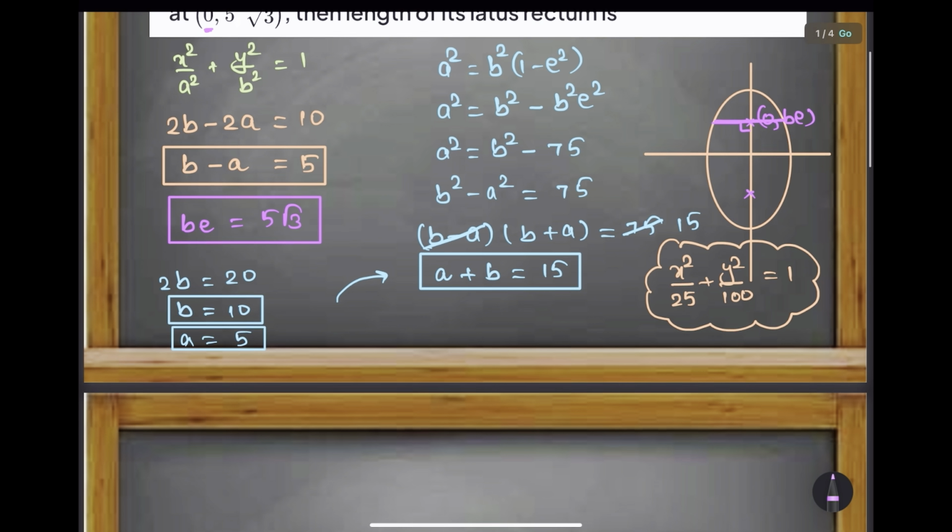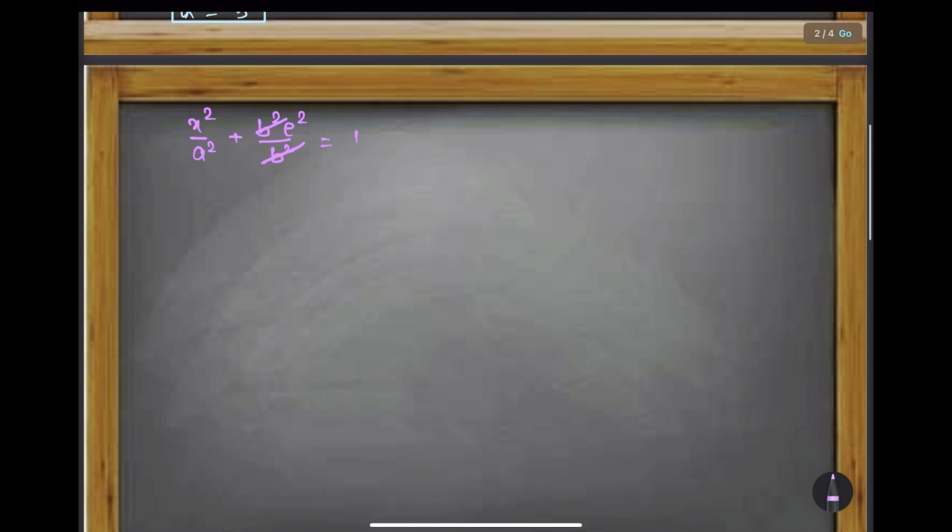So can I say that x square by a square, and the y coordinate will remain the same, so can I go with b square e square? I have substituted b e in place of y, by b square equals to 1. Now I'll simplify this. So x square is equal to 1 minus e square times a square.